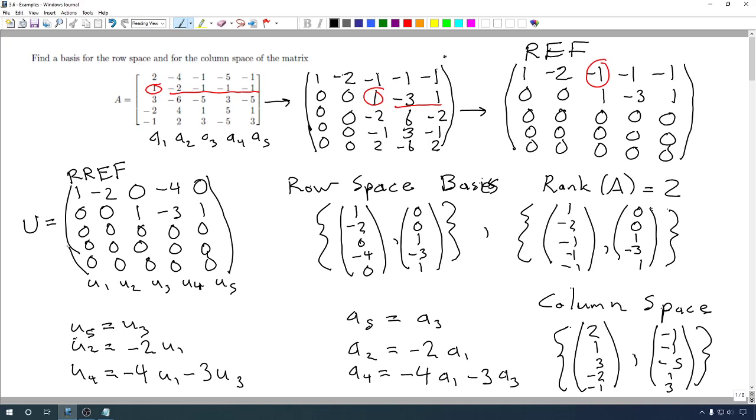Essentially it boils down to what the leading ones are in our reduced row echelon form, or even just the regular row echelon form. We had a leading one in column 1 and a leading one in column 3. That means that we keep columns 1 and 3 as a basis, or at least a possible basis, for the column space.